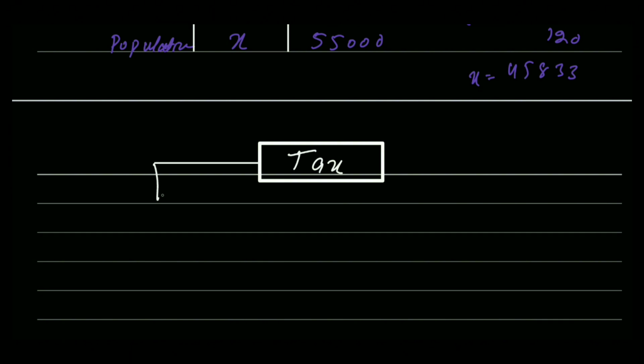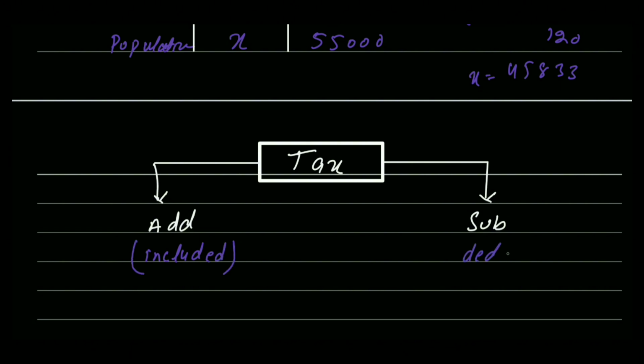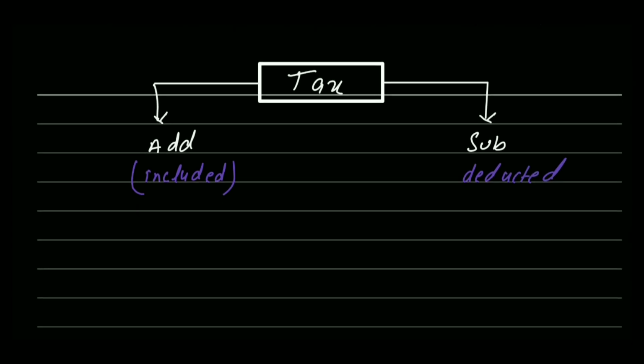So the thing you have to memorize here, tax can be added in some cases, and in some cases it can be subtracted. If the word included will be in your question, it means you have to add it. If the word deducted will be included in your question, then it means that you have to subtract it.